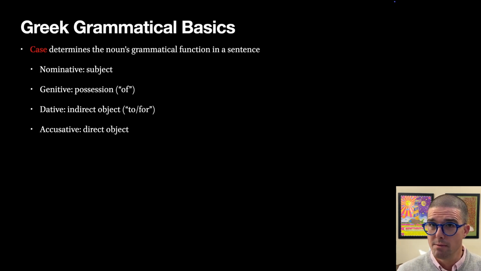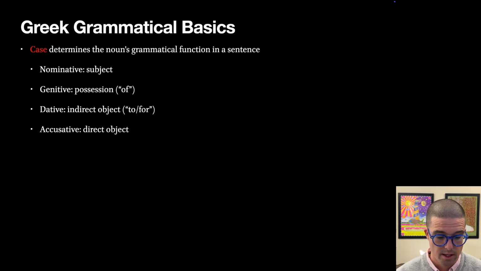Case is what determines a noun's grammatical function in a sentence. So whether it is the subject, the direct object, or the indirect object, as we just talked about with respect to English grammar, or whether it is showing possession or description or relationship of some kind. So our four basic Greek cases are the nominative, which is the subject of the sentence, and the genitive, which shows possession.